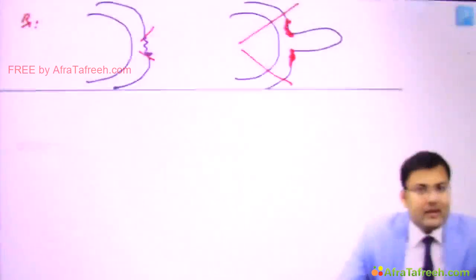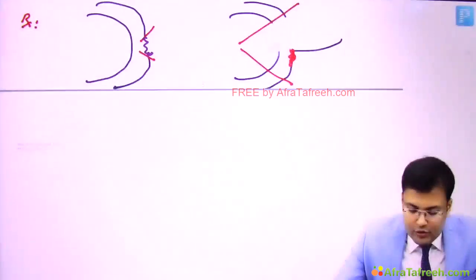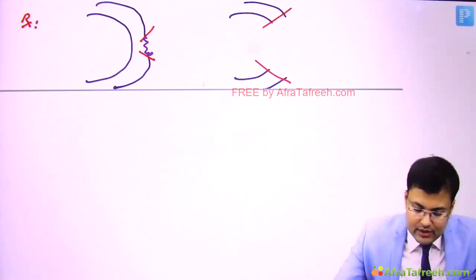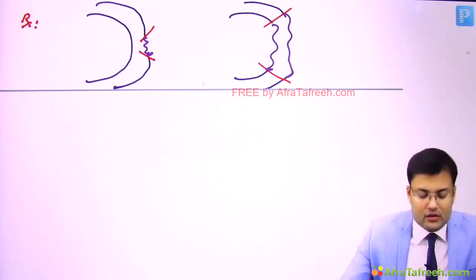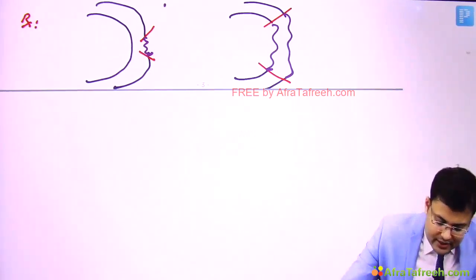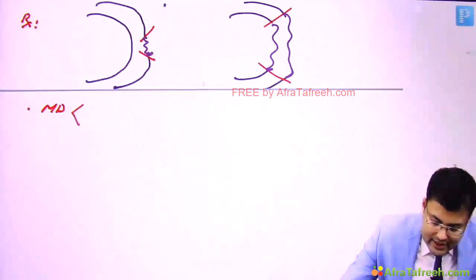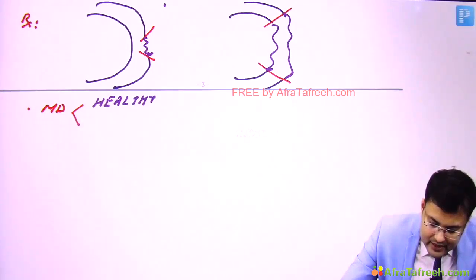So by resection and anastomosis, I'm going to remove the diverticulum and the part of bowel, and after that I go for anastomosis. Clear? So situation: first, Meckel's diverticulum with healthy base, and second, unhealthy base.